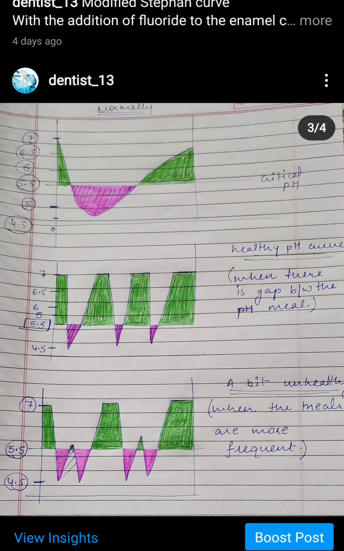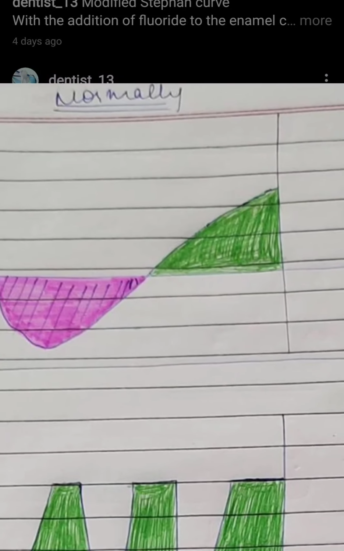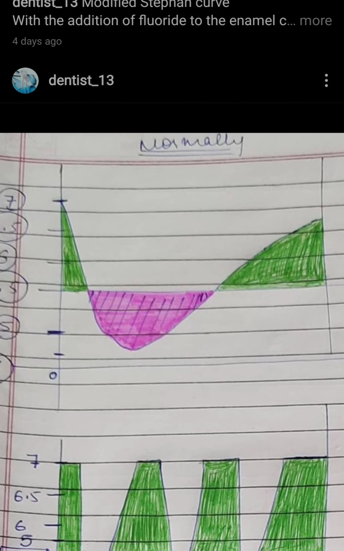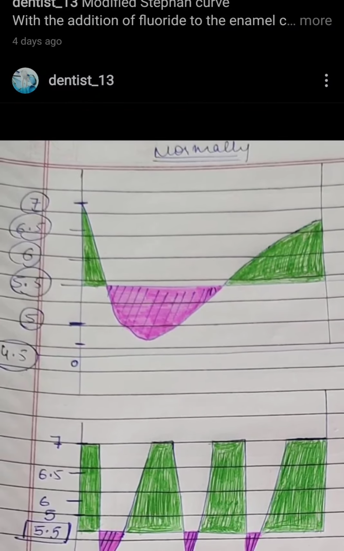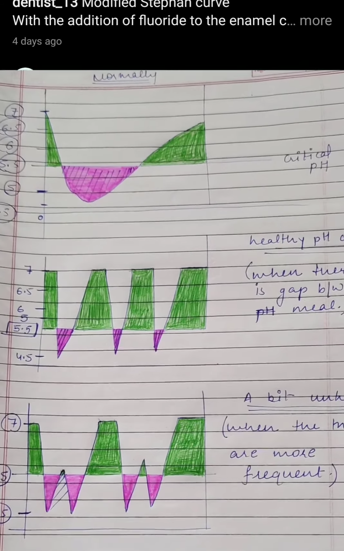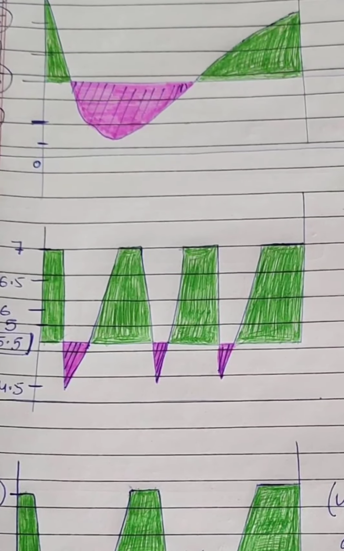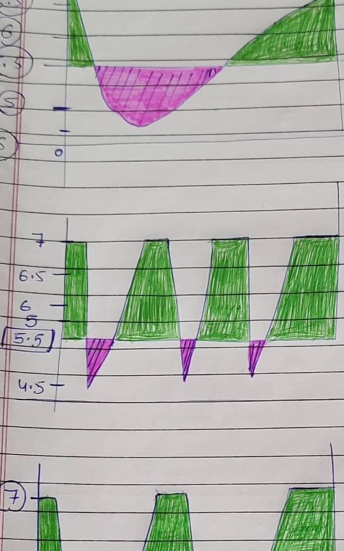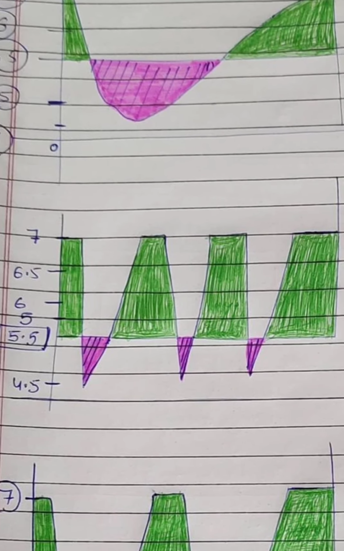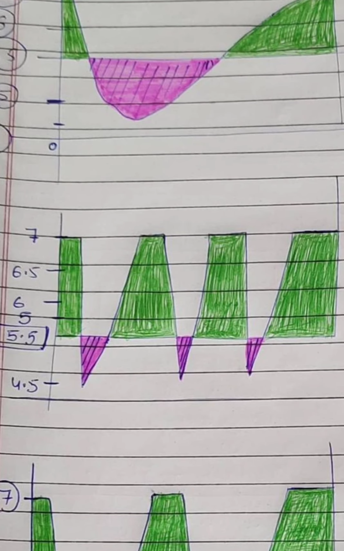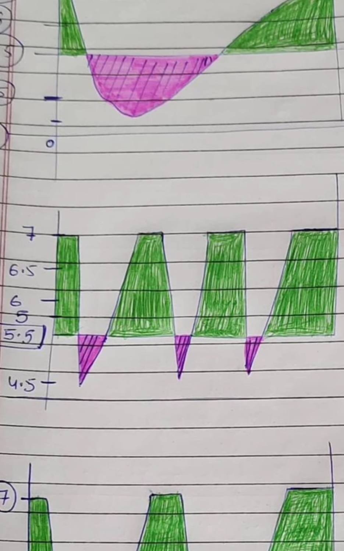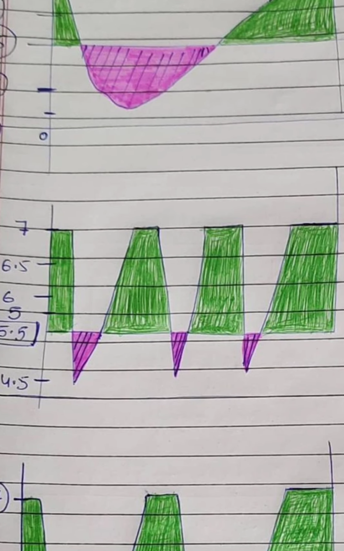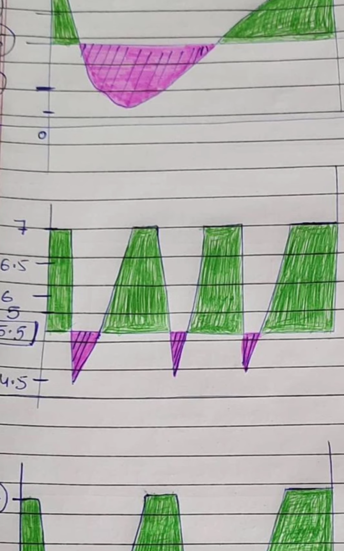Now, this is a normal Stephen curve which happens after the meal in a normal person. Now, the other Stephen curve is this. This includes several frequencies of the meal. Here on the x-axis I should be writing the time limit, but I'm sorry it has not been written right now.